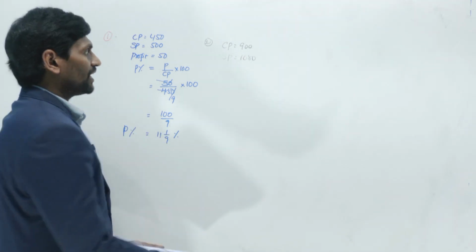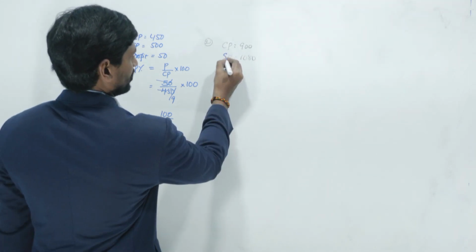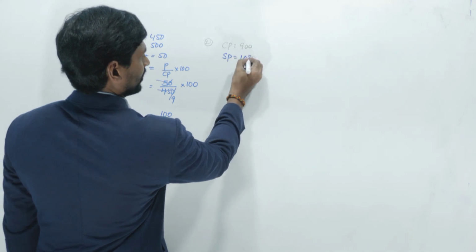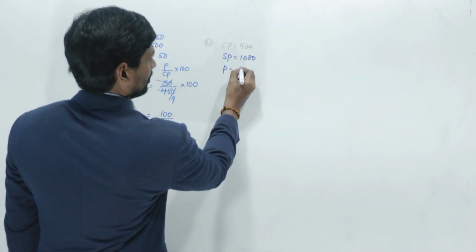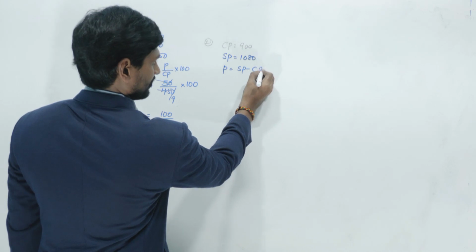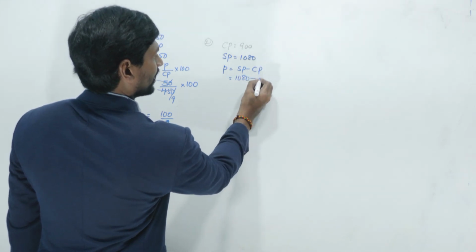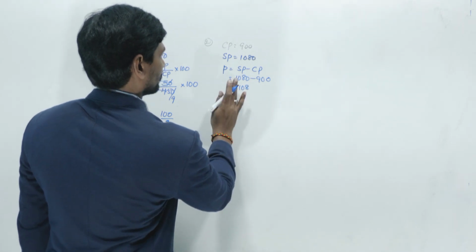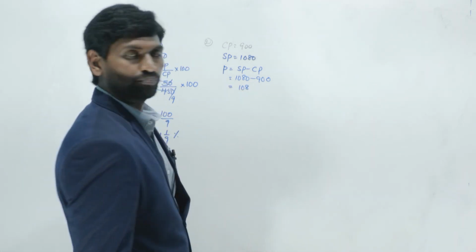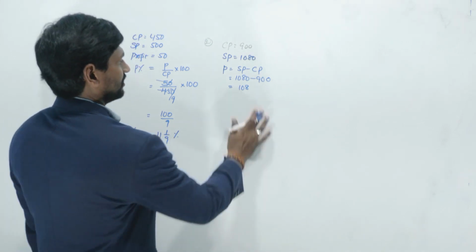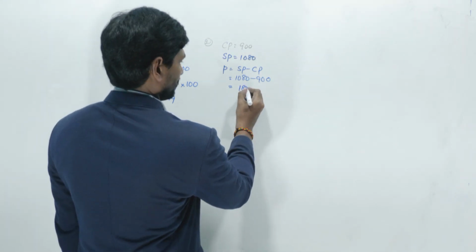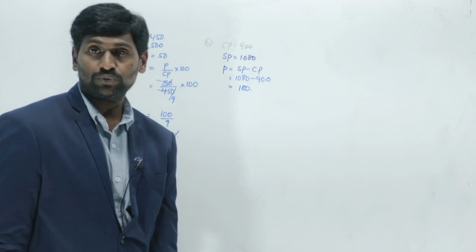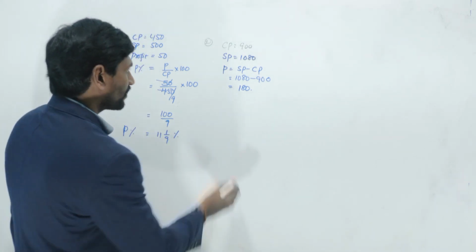Selling price is more than cost price, so directly we can subtract selling price minus cost price to get the gain. So 1080 minus 900, after subtracting, you will get 180 rupees. 900 plus 180 is 1080.